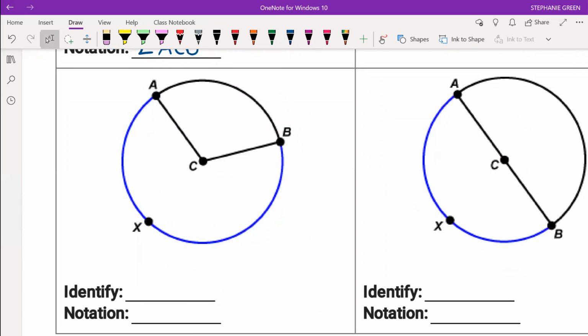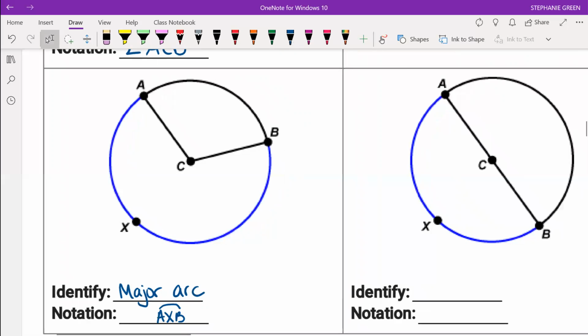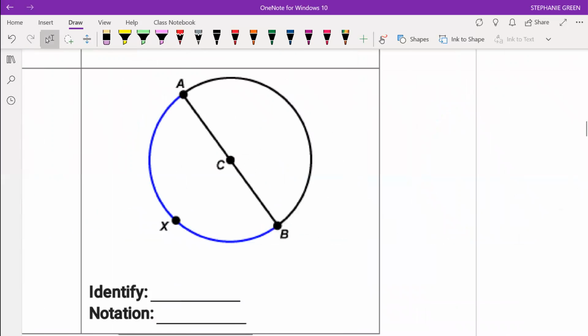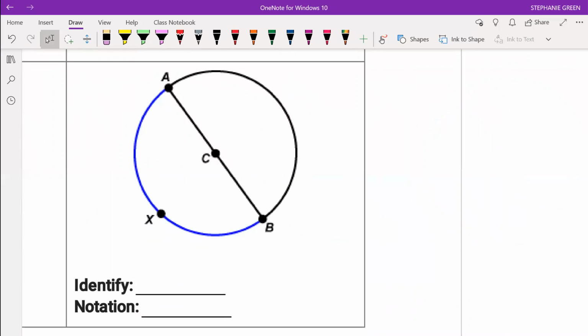On this one, the highlighted part in blue is a major arc. And since it's a major arc, I need to use 3 letters in its name. So I can call it arc AXB, or I could call it arc BXA. And on this one, we have a semicircle. You can see we actually have 2 semicircles in this diagram. I could look at this one as well.